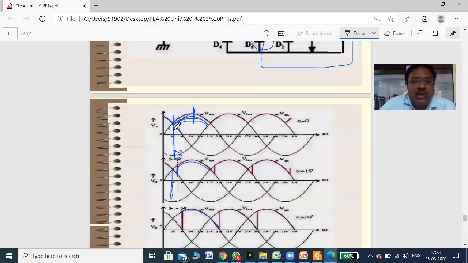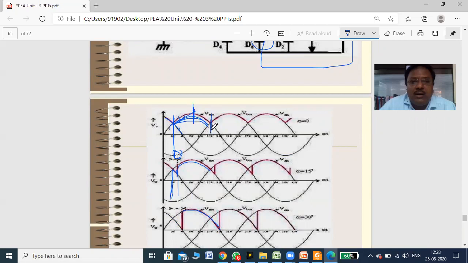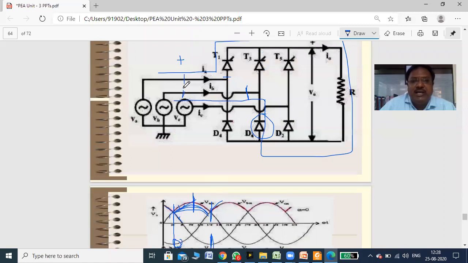During the next one, you can see here after 150, what happens? Phase B is most positive and phase C is most negative. If phase B is positive, then thyristor T3 is conducting.